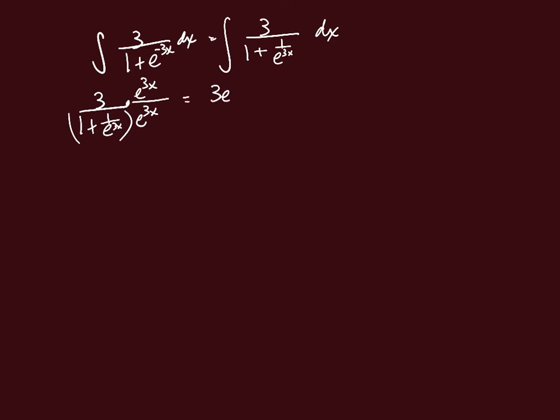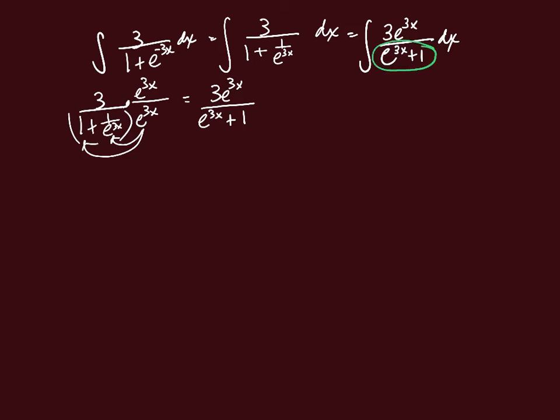I get 3e to the 3x over, and then we distribute, e to the 3x plus 1. Okay. So let's do that. Let's replace. Let's try that. Now, in this new format, I'm going to use that for my u.